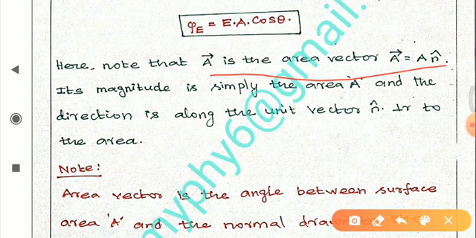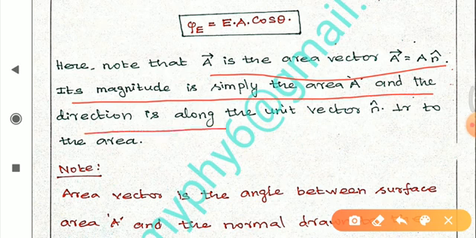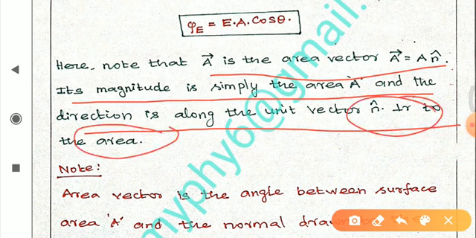Area and area vector, it is always 90 degrees, because normal means a perpendicular line drawn to the surface. I wrote here, its magnitude is simply A and the direction is along the unit vector n cap, which is perpendicular to the area. So the angle between area and area vector is always 90 degrees.